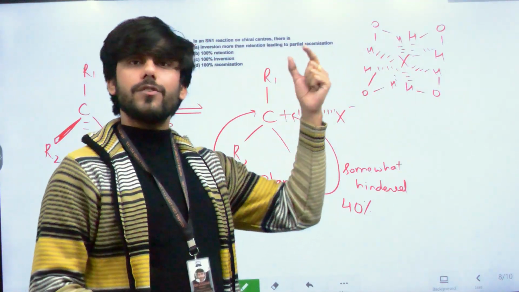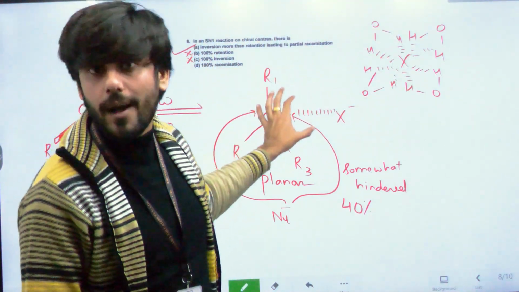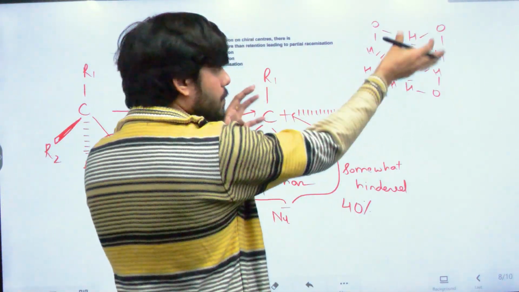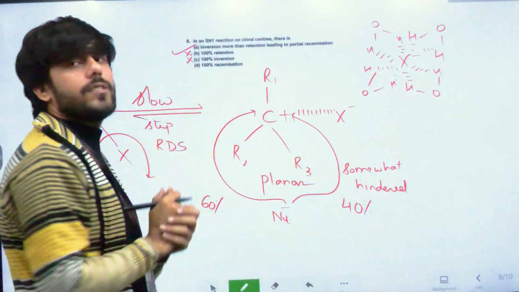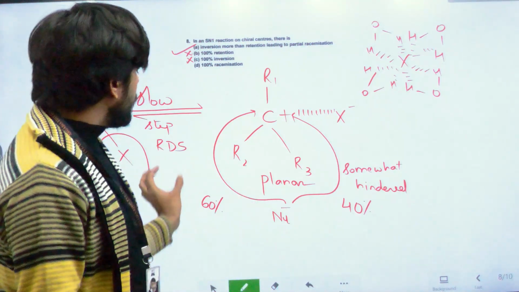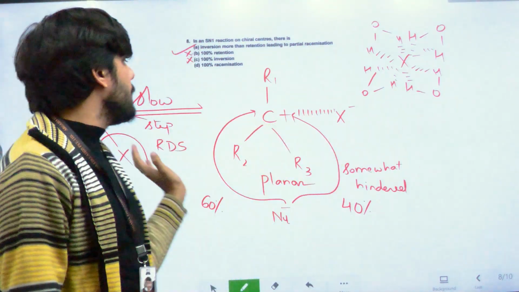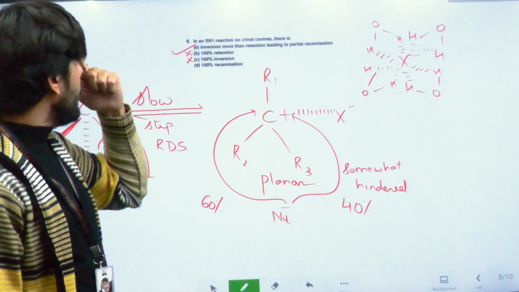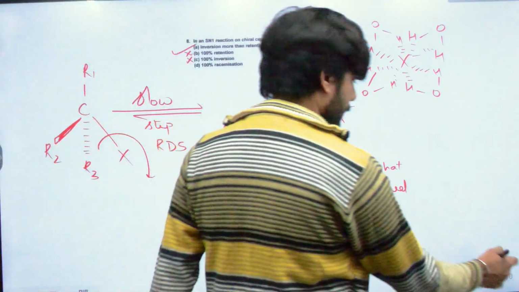This polar protic solvent is not only stabilizing the halide, it is also stabilizing this carbocation. So the water molecule sits in between, the attractive forces are somehow weakened, and front side attack is possible. But it is always less than the backside attack, because during the backside attack there is no such hindrance. So it is inversion more than retention leading to partial racemization.